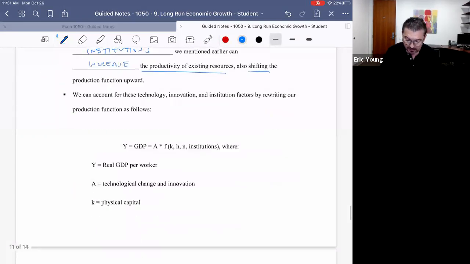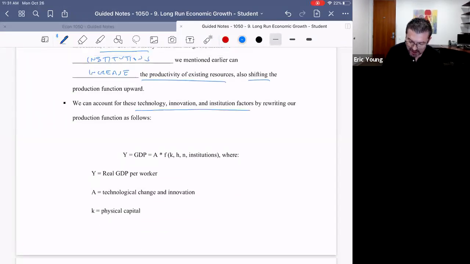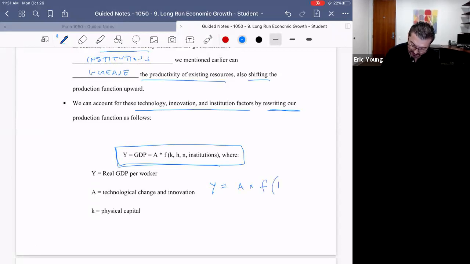We can account for this technology and innovation and institutional factor by taking that original simple Solow growth model, the one that we did at the beginning of this video, and rewriting it just a little bit. And take a look at this rewritten one. Here, we say that Y is equal to A times the function of K, H, N, plus institutions.